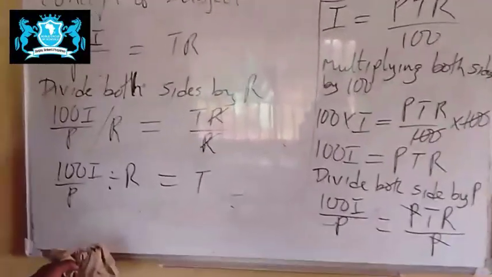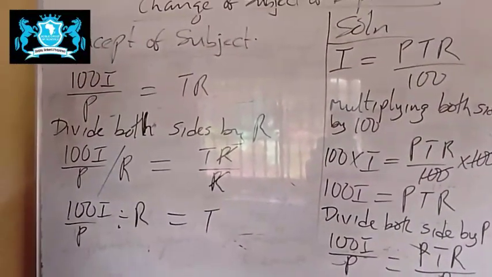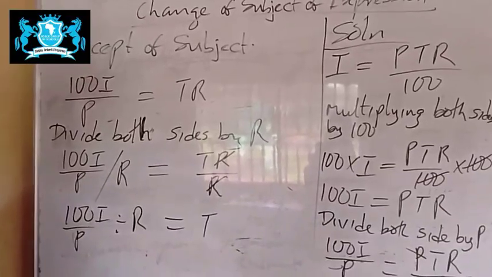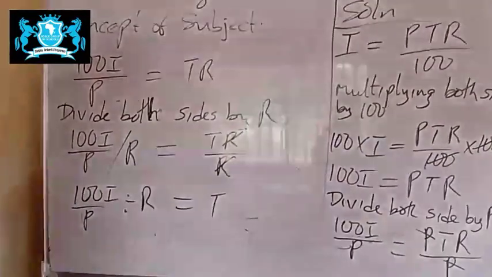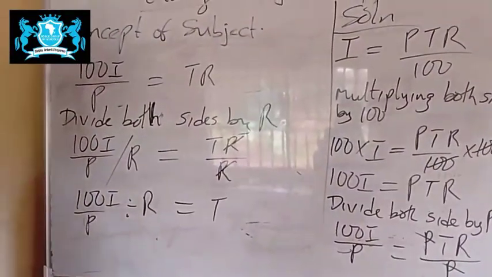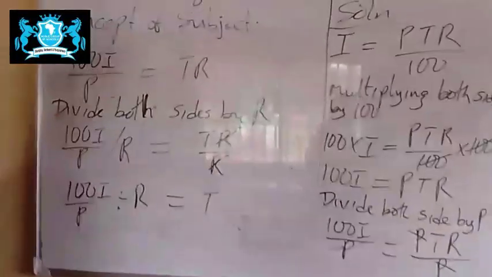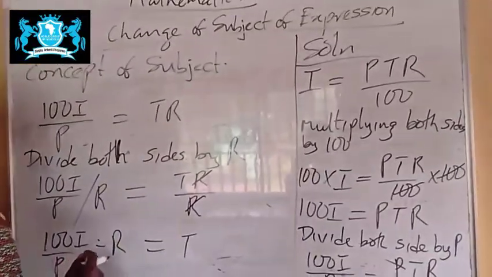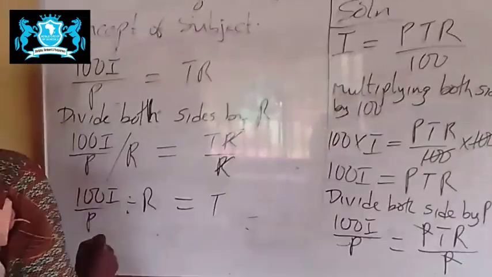Remember from our primary mathematics that whenever you have a fraction as the divisor, as you are changing the sign of division to multiplication, you invert the divisor.